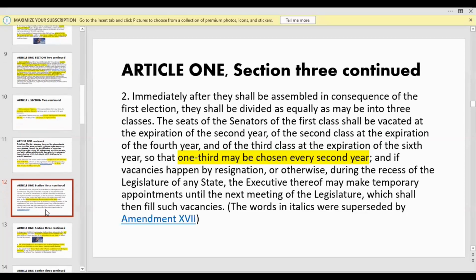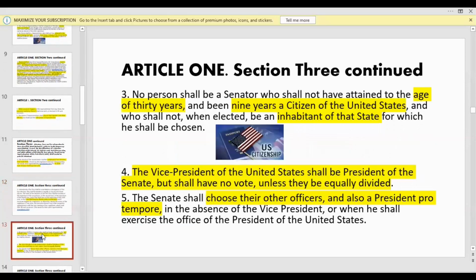On to the next slide, please. And what do we got here? Okay. Who shall be a senator? They now have to be 30 years of age, up from 25 for a member of the House of Representatives. They have to be 9 years a citizen of the United States, and they have to live in the state that they represent.